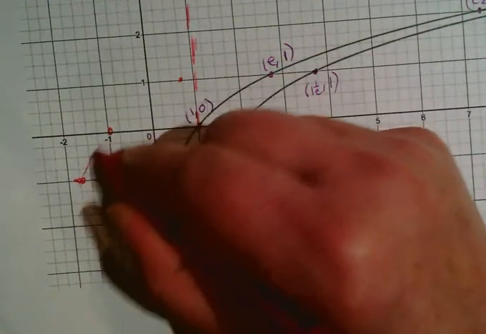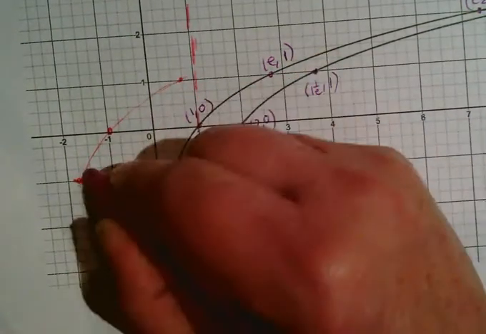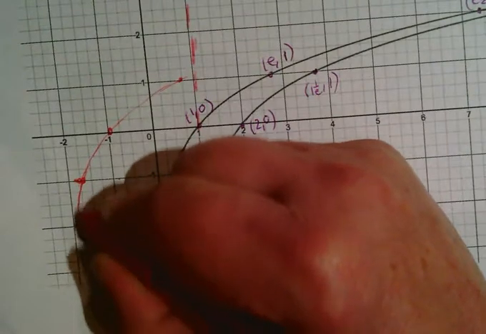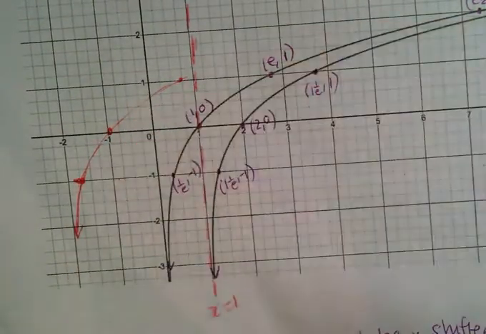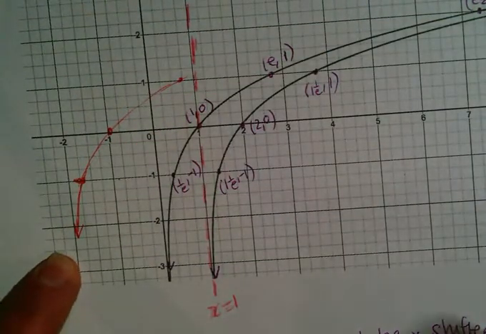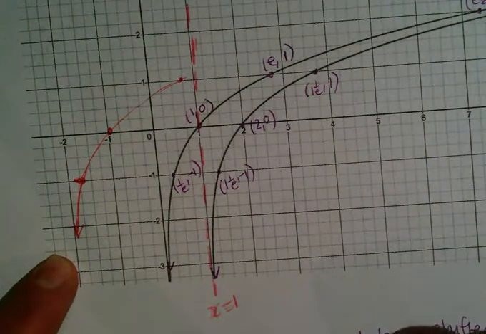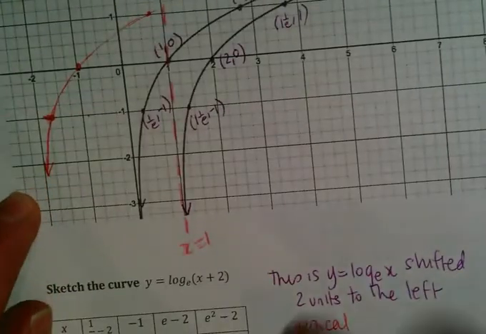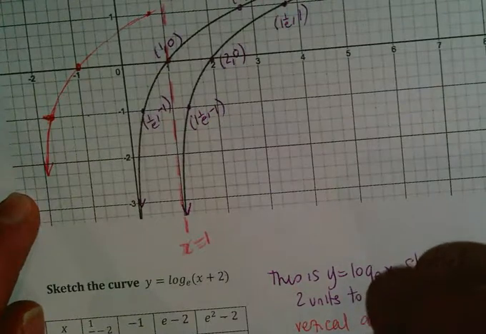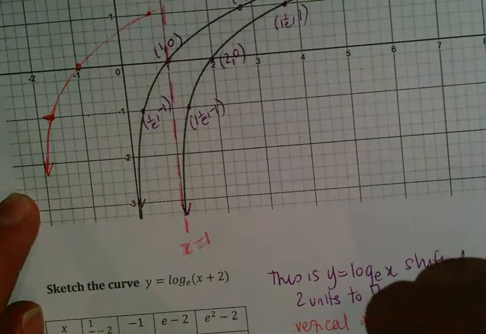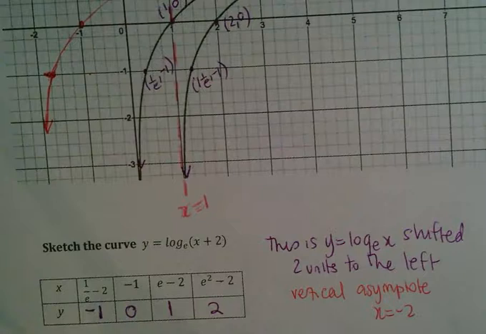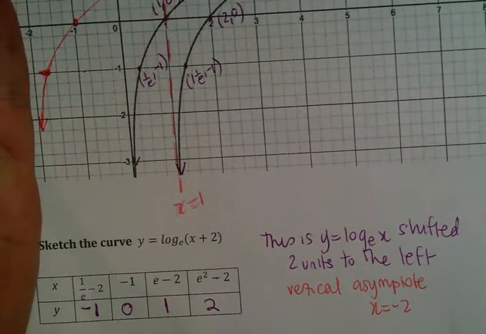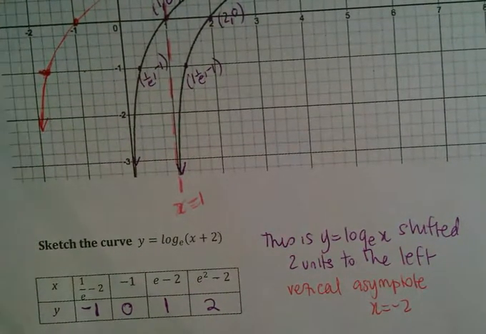So the curve looks like this. Okay, and just be careful because your vertical asymptote is going to be x equals -2. So the asymptote is x equals -2, and you can see that your domain is x is greater than -2 as well.